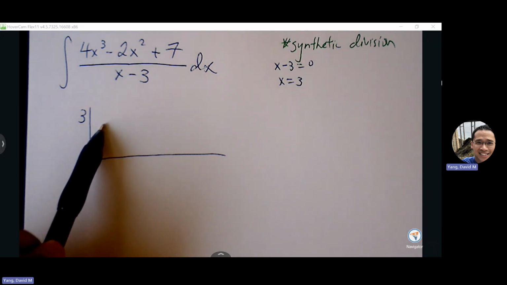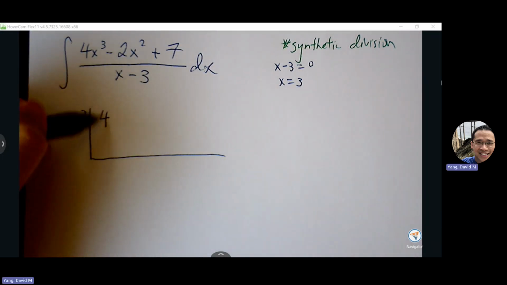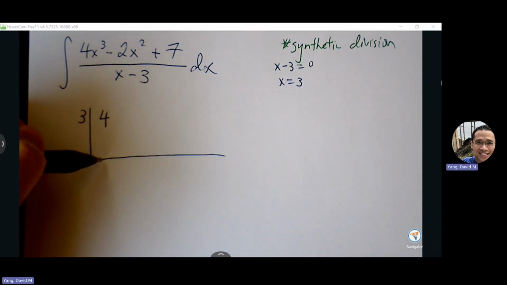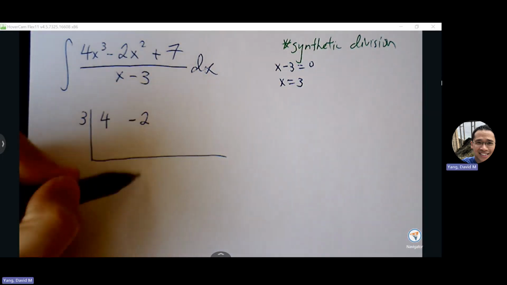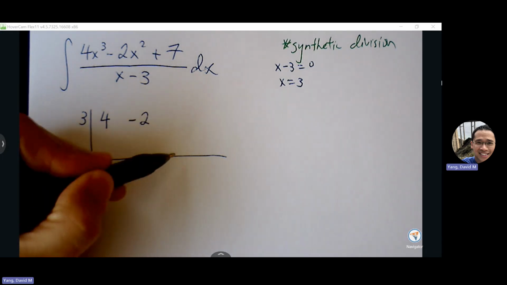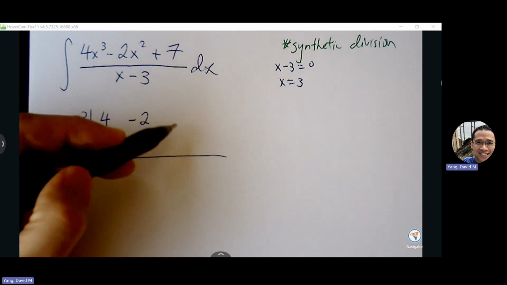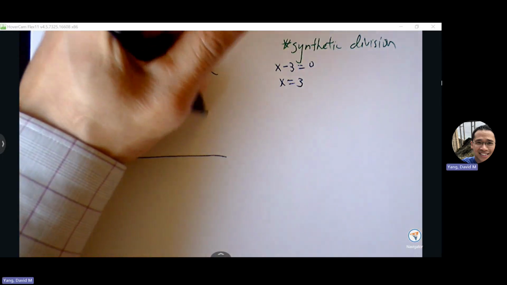So what number do we start off with here? 4. Yeah, so we have a 4 for the degree 3. We have the negative 2. Good. So for degree 2, we don't have an x to the first power. It's missing, but we need to have a place for it. So 0, followed by the constant.